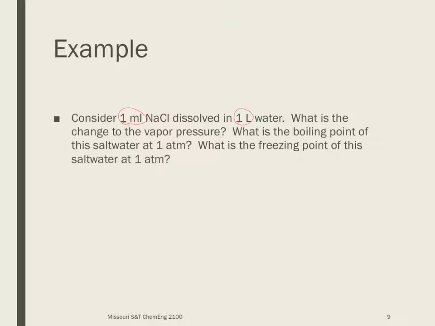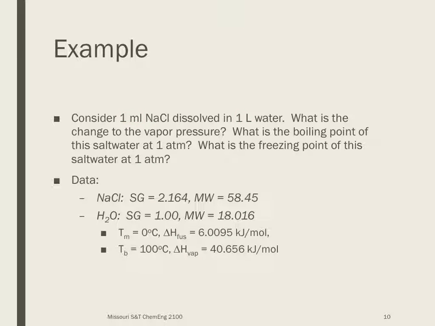And I want to see what's going to happen to the vapor pressure, the boiling point, and the freezing point. So I need data for NaCl and for water. I've got the specific gravity and the molecular weight. For the water, I have melting and boiling point data with heat of fusion and heat of vaporization. So I found all of those in the appendix of our textbook.